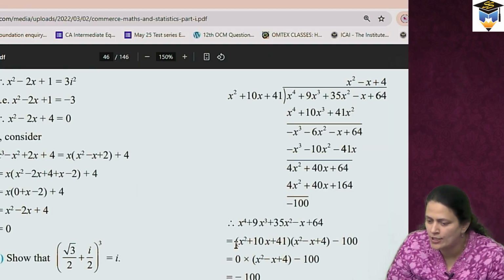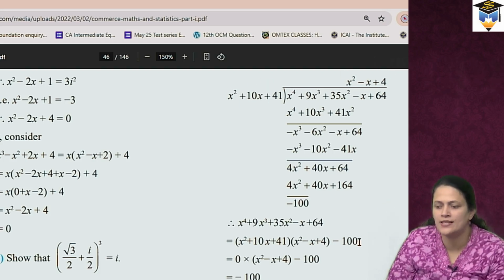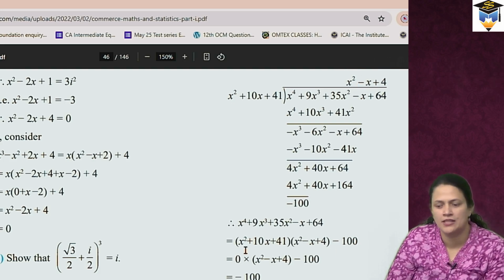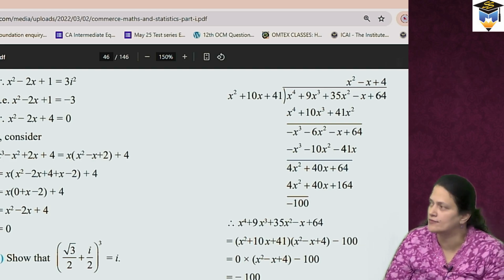Now you can see over here they have applied the same thing. This entire term is the dividend, this is the divisor, into the quotient, plus remainder. And they substituted the values because the divisor was nothing but 0. So 0 into this is 0 itself. So minus 100 will be the answer. Okay, minus 100 will be the value.